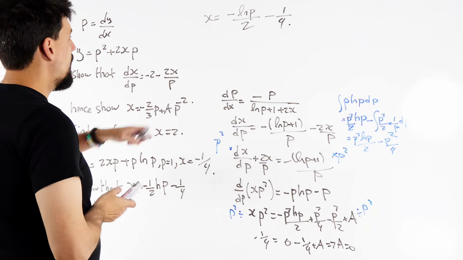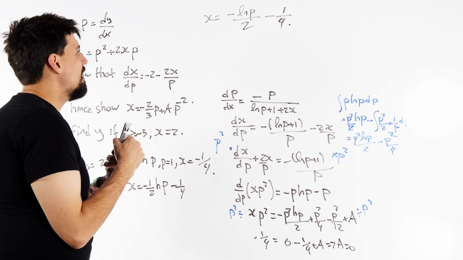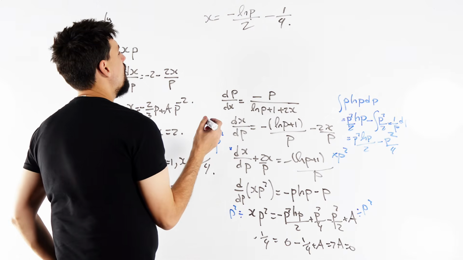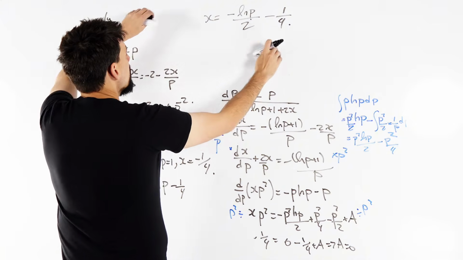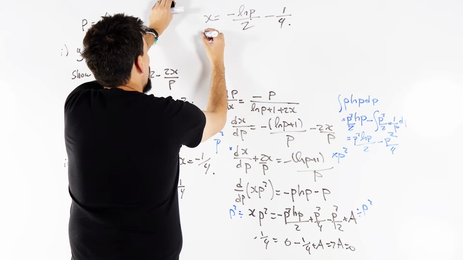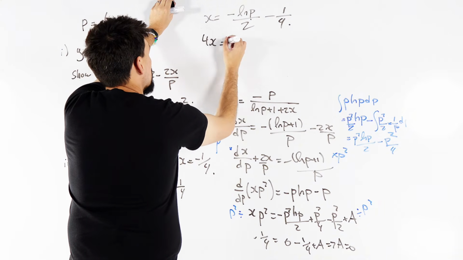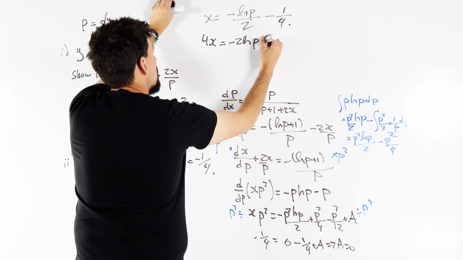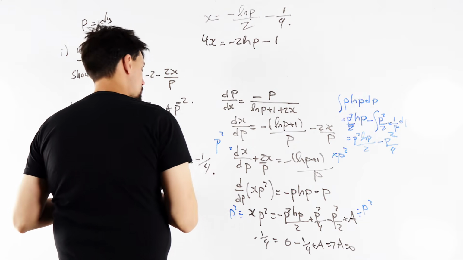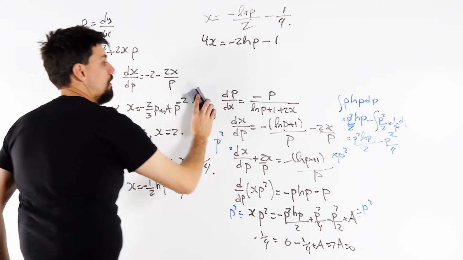Right, we now want to find y. Now, obviously, we can't, that's a derivative, so let's change things around a little bit. Times everything by 4. Let's create some space.